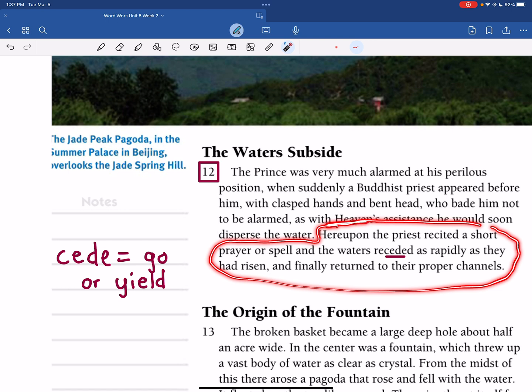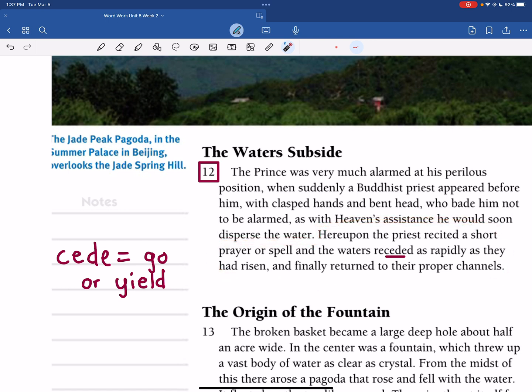So I'm just going to read this one right here, and that's it. It says, "Hereupon the priest recited a short prayer or a spell, and the waters receded as rapidly as they had risen, and finally returned to their proper channels."